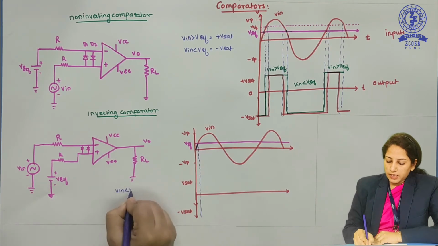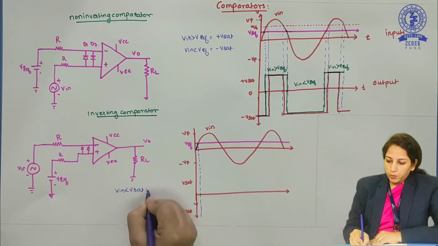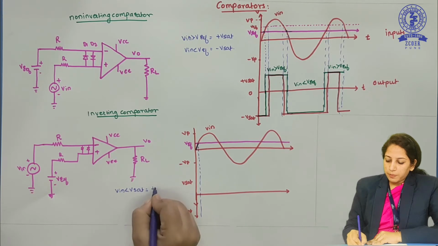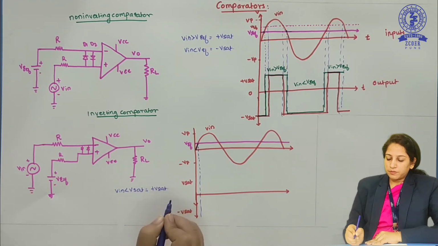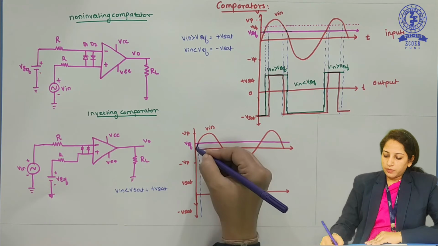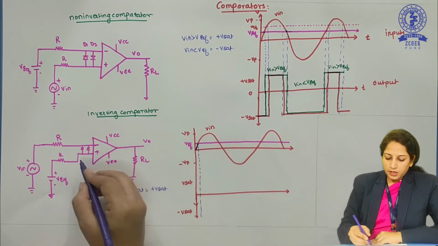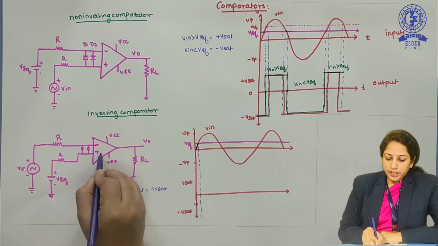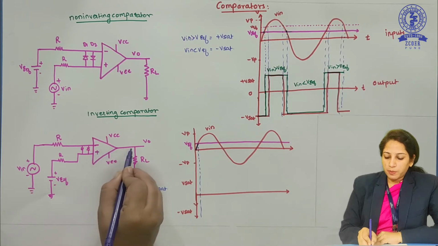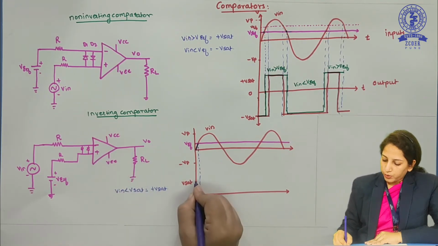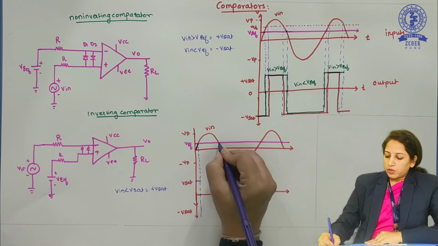So output now, for V in less than V reference, my voltage on the positive terminal will be more than the inverting terminal, so here I have got a positive saturation.